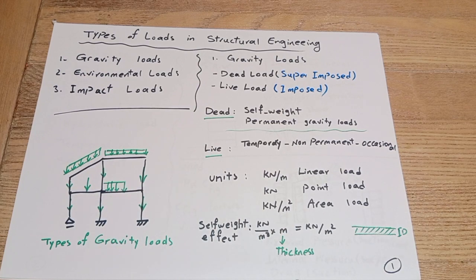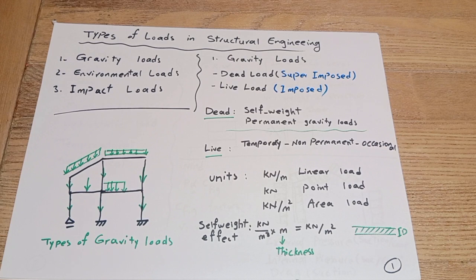Units are kilonewton per meter for linear loads, like the self-weight of a beam, mainly steel beams that we consider in our design, or a wall on a slab that we consider as line load, or it may be a point load, and also area load.